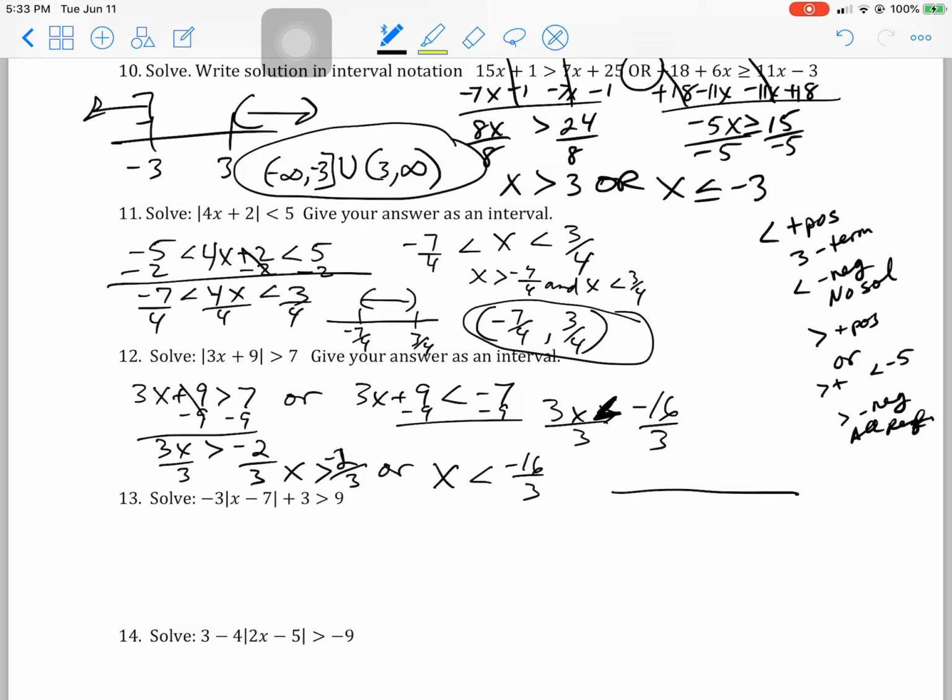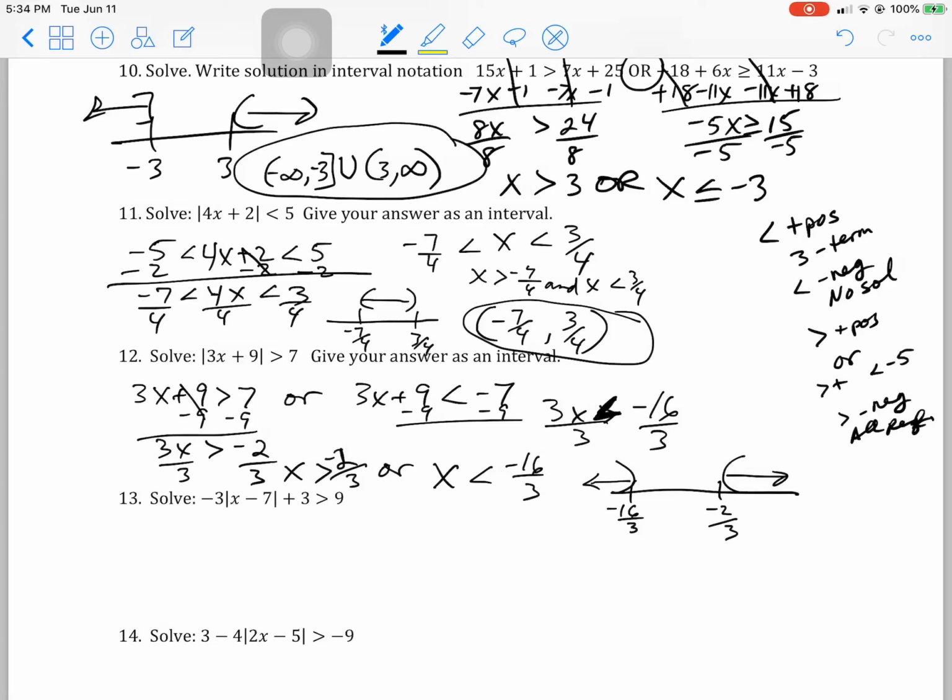So if we're supposed to put that on a graph, let's see. A negative 16 would be down here, right? And a negative 2/3 would be up here. And it's going to be less than that one, soft bracket. And it's going to be greater than that one, soft bracket, and it's an or, so we want all that in the answer.